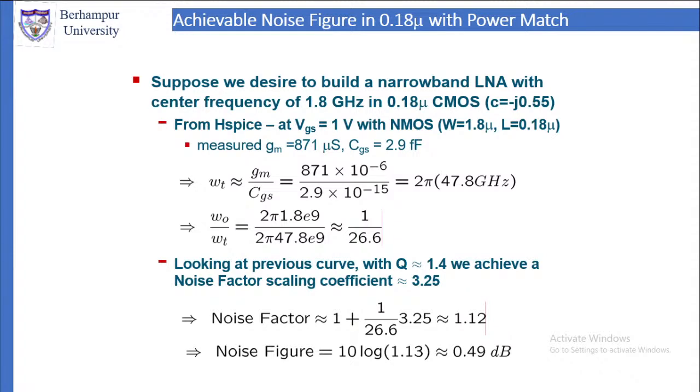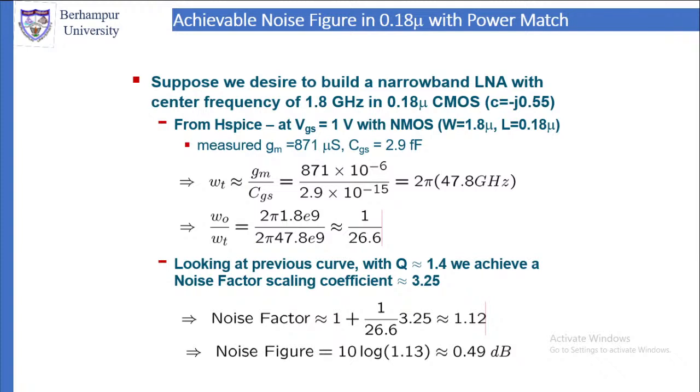The measured value of GM is equal to 871 microsiemens, CGS is equal to 2.9 femtofarad, and omega t is approximately equal to GM by CGS, which is 2 pi into 47.8 gigahertz.